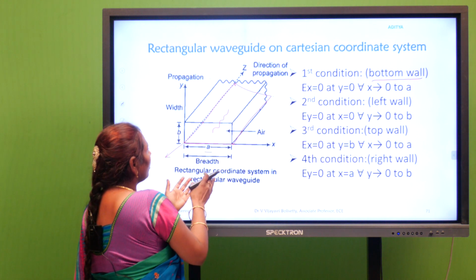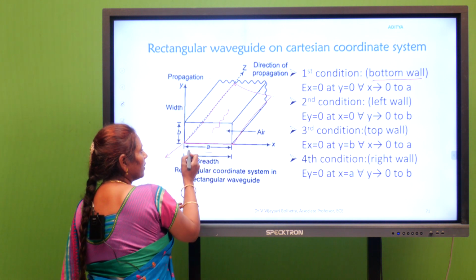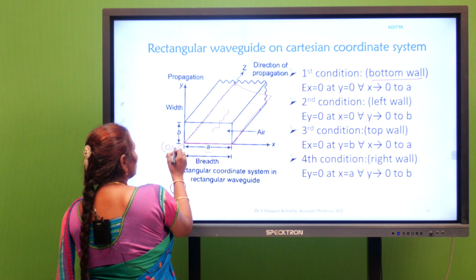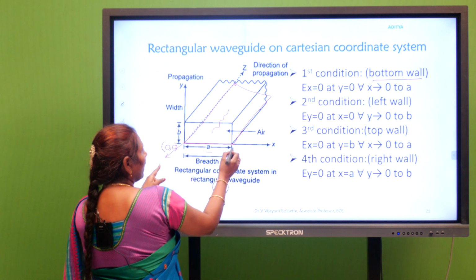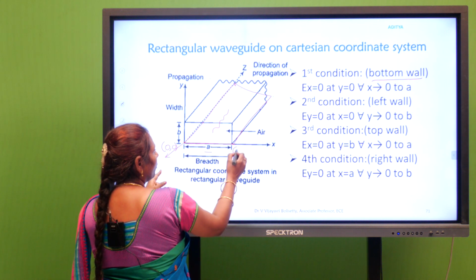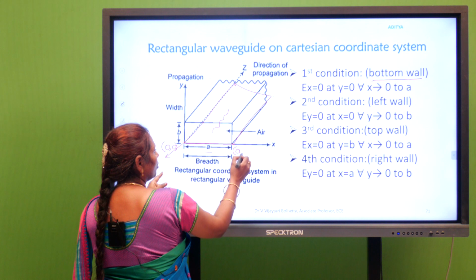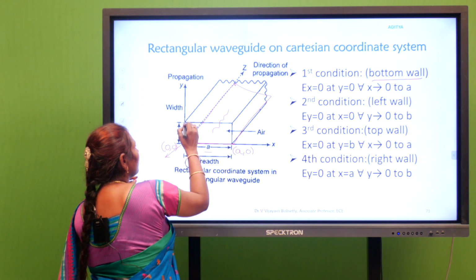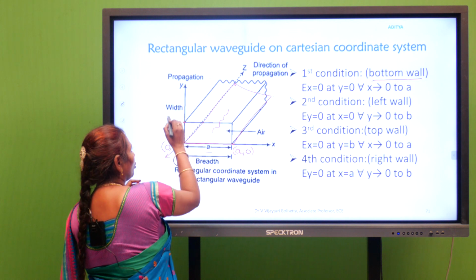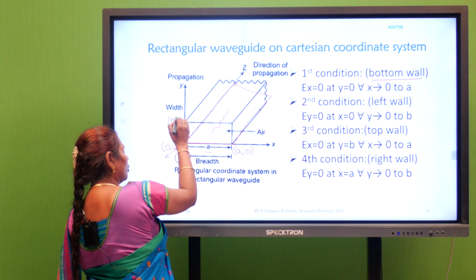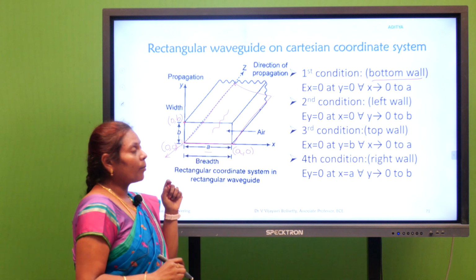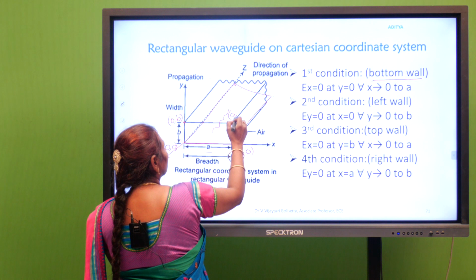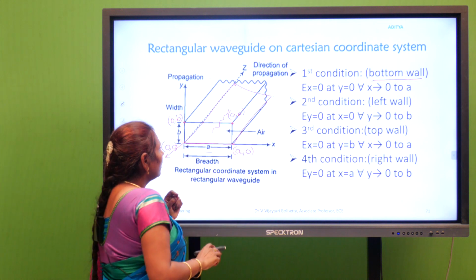Here this is the x dimension, so we can consider this the origin (0, 0), and here x is changing to a but y remains 0, so we write it as (a, 0). Here y is changing from 0 to b but x remains 0, so it is (0, b), and this point is (a, b).